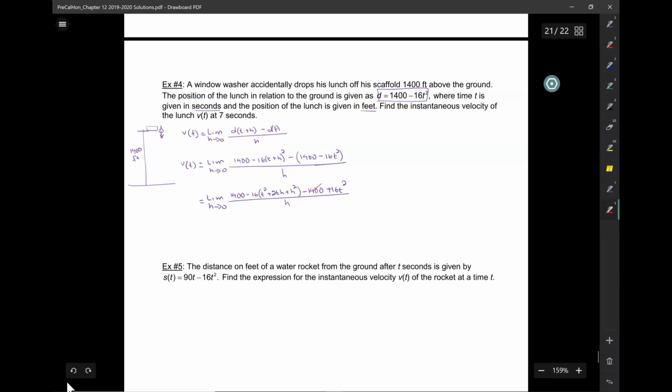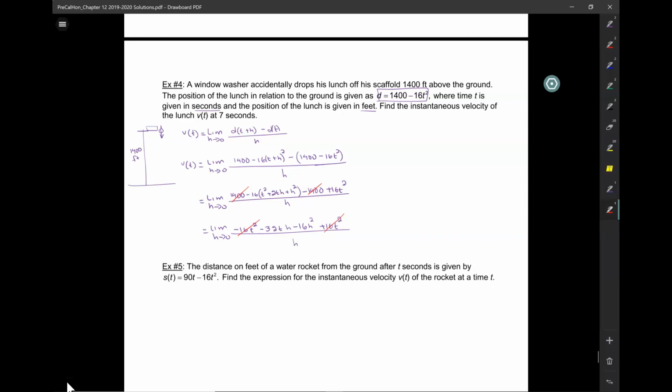Can we get rid of these 1,400s? Of course we can. Let's simplify the rest. Negative 16t squared minus 32th minus 16h squared, positive 16t squared, all over h. Stuff should cancel: 16t squared, negative 16t squared.